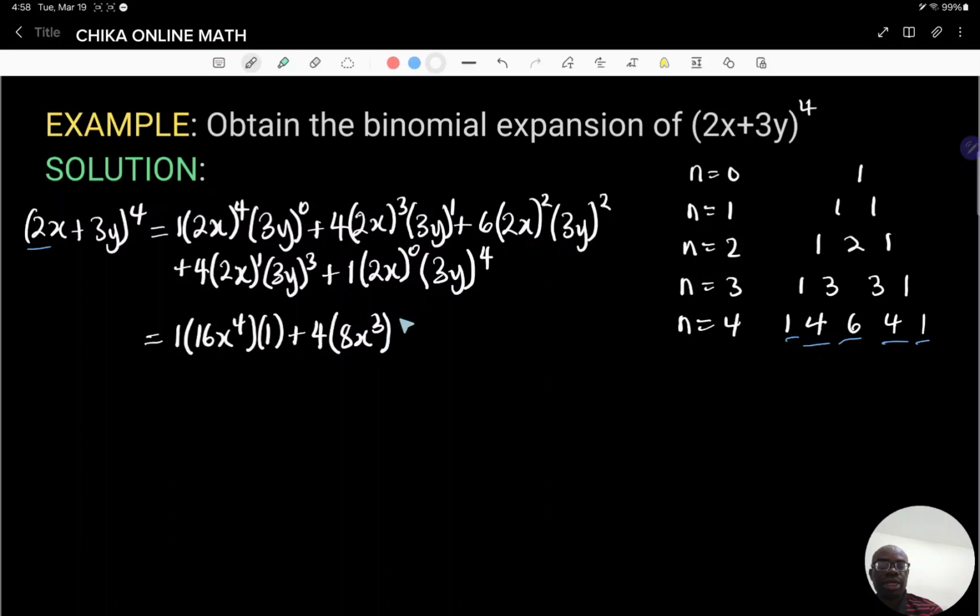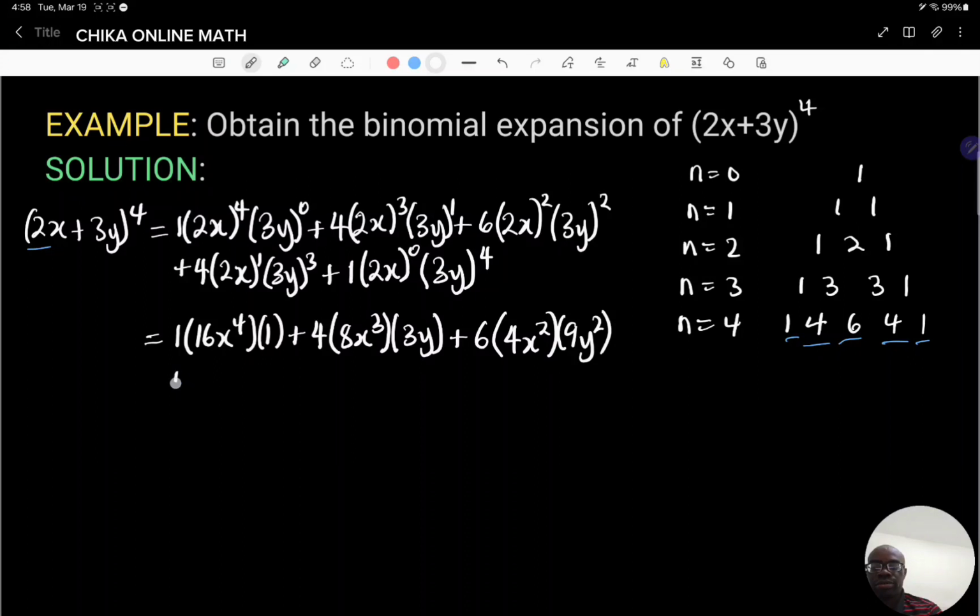Then 3y raised to the power 1 is still 3y. Plus 6 into 2x raised to the power 2: 2 squared is 4, then x squared. Then 3y raised to the power 2: 3 squared is 9, then y squared.